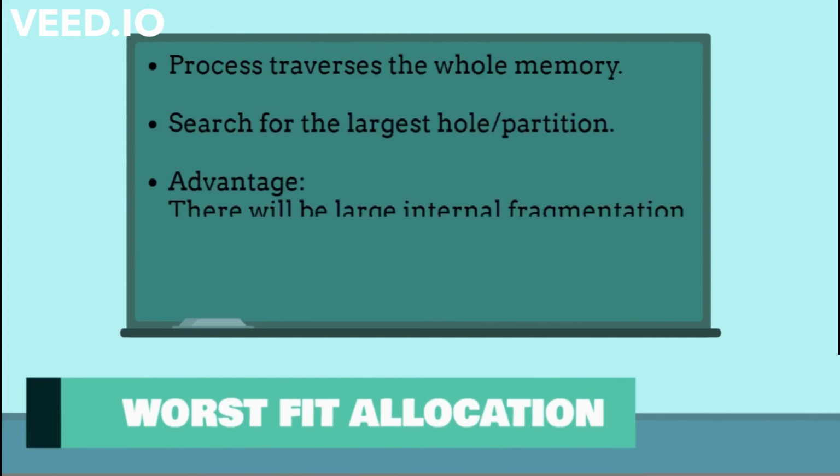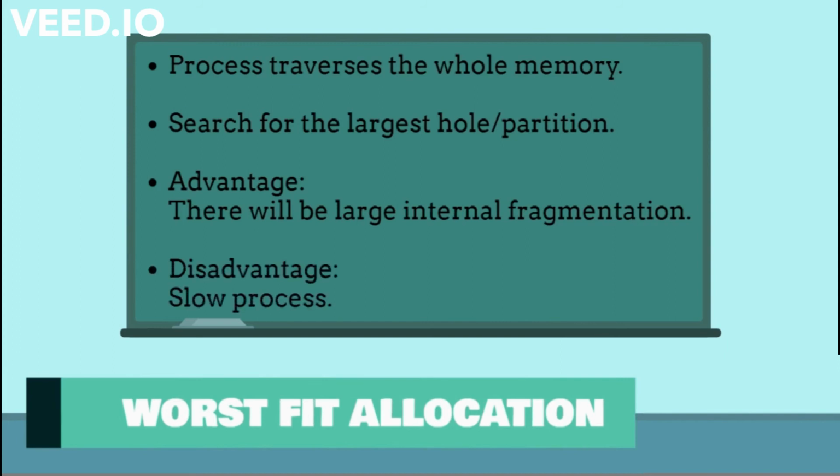WorstFit allocation allows the processors to traverse the entire memory and search for the largest hole or partition that is available. This brings its own advantages and disadvantages. The advantage of WorstFit allocation is that there will be large internal fragmentation. However, the disadvantage is that it's a slow process as they would have to check the entire memory before making an allocation.